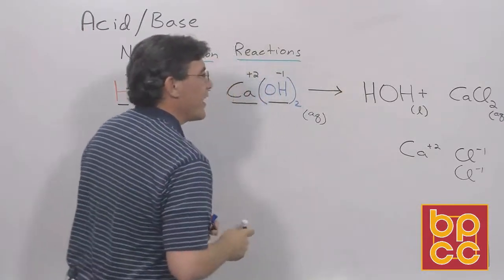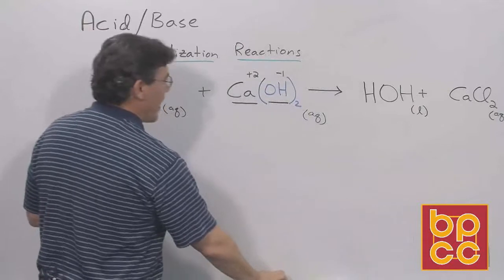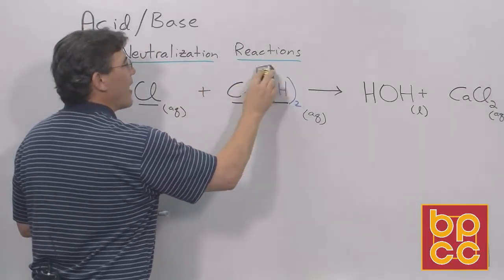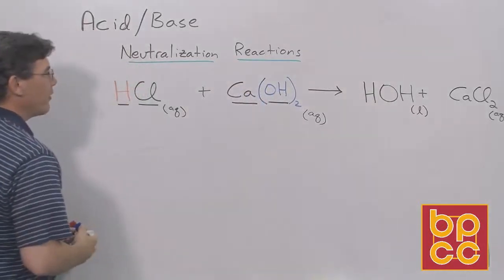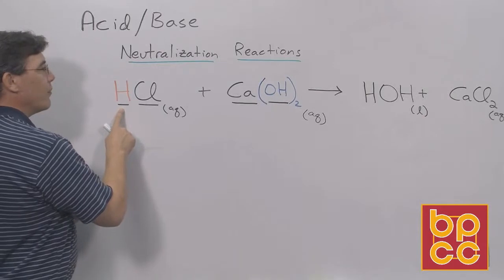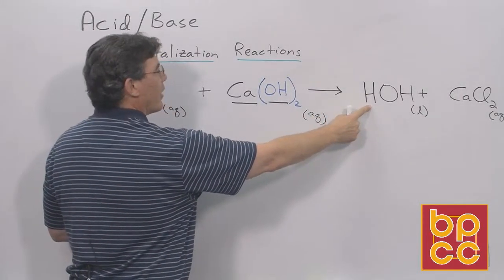Okay. The last thing we want to do with an acid-base neutralization reaction is make sure, let me clean this up a little bit, make sure that we're balanced. Okay. So let's take a look at the ions in play. The hydrogen showed up over here as this hydrogen on the product side.